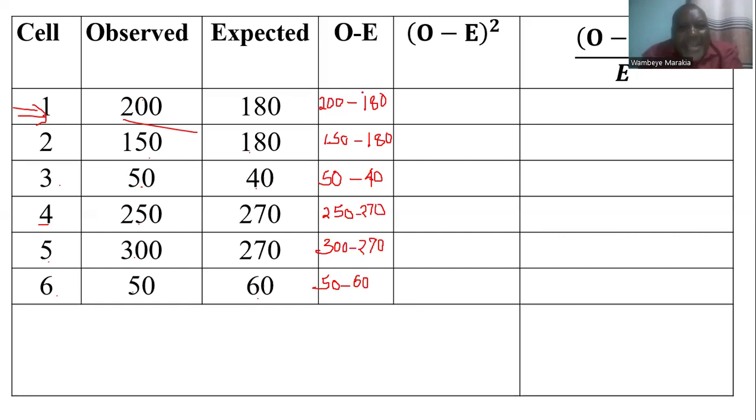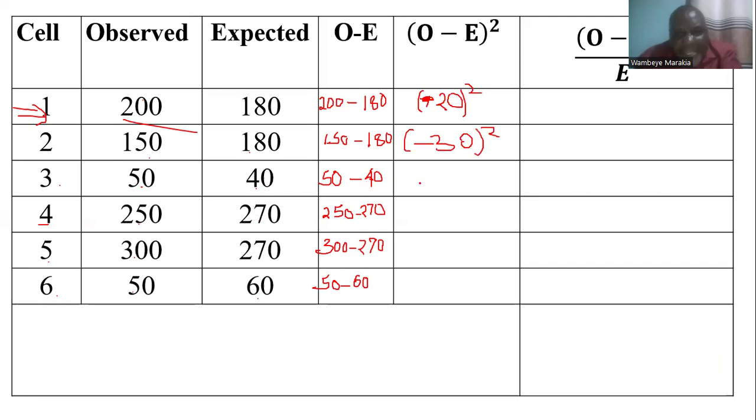So this 200 minus 180 will be negative 20. So here you'll have negative 20 squared. You have to square this one here. This one will not be negative 20, it will be 20 squared. This one will be negative 30 squared. Sorry for that.